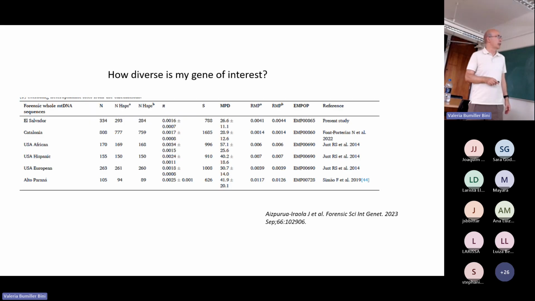Look how I'm using it. I have here mitogenomes in these populations. This is actually in Paraguay. So I computed pi for all of them. So I can say these two are not very diverse, maybe similar to this one, and the other three are more diverse than the others.